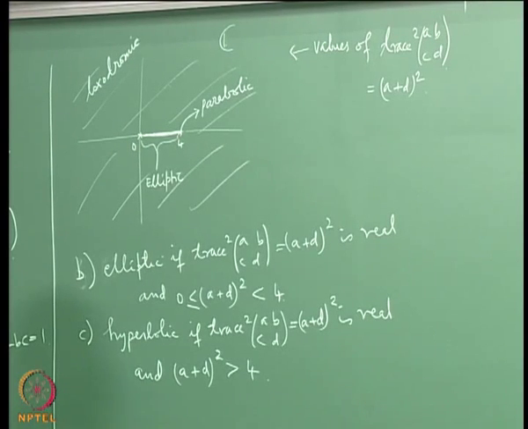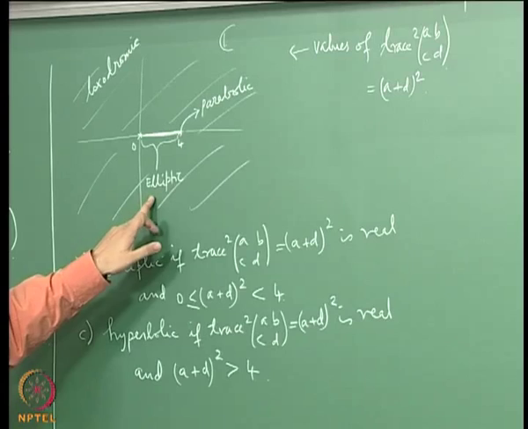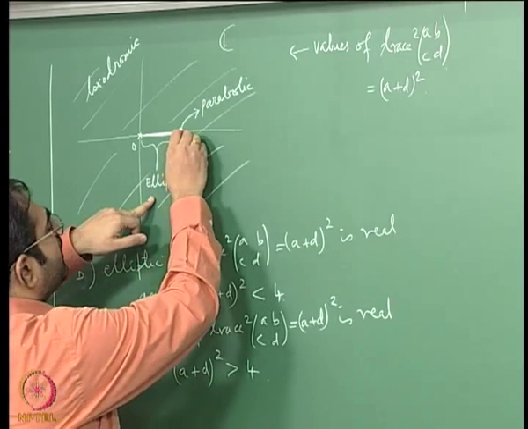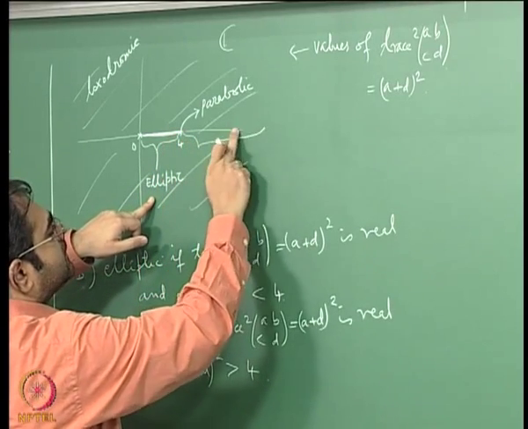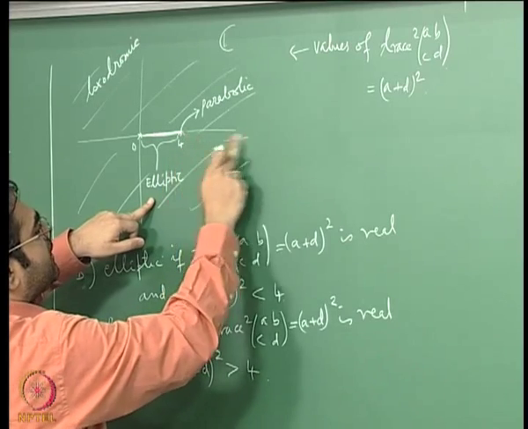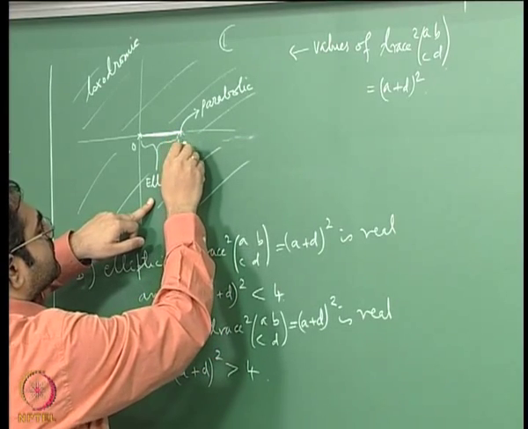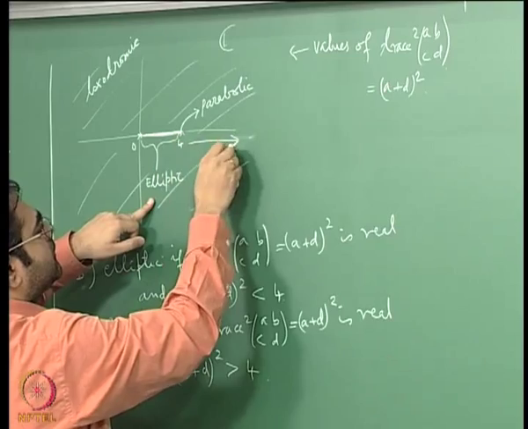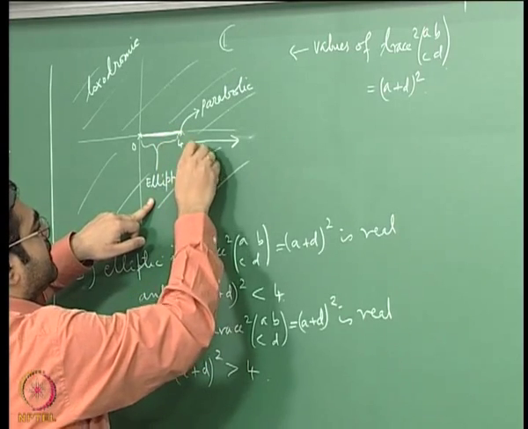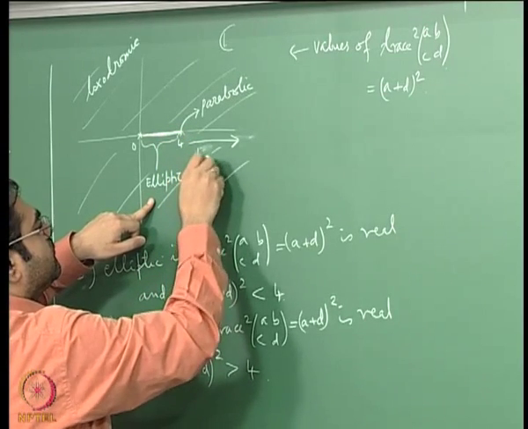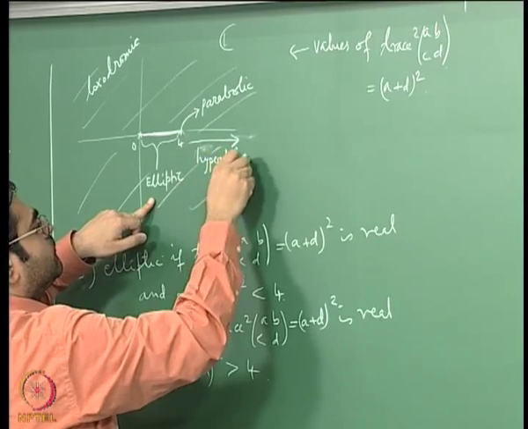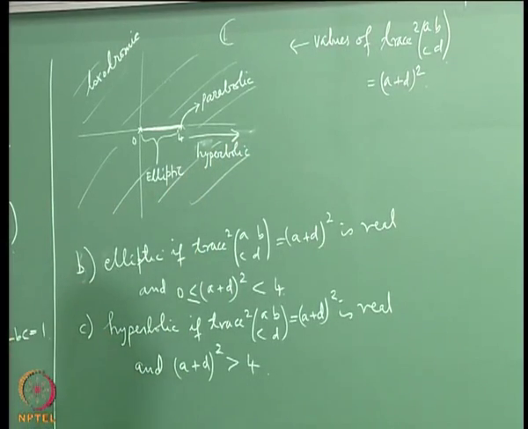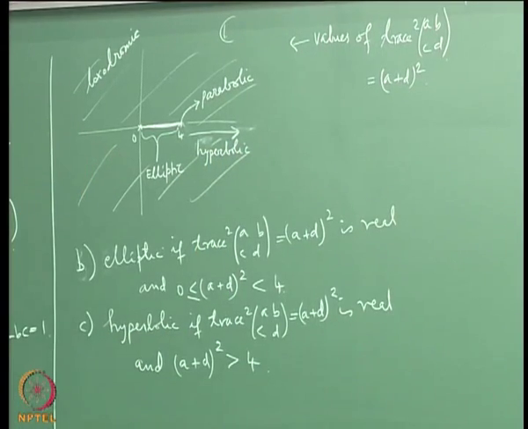And then from beyond 4 onwards, it's hyperbolic. So these are the definitions.